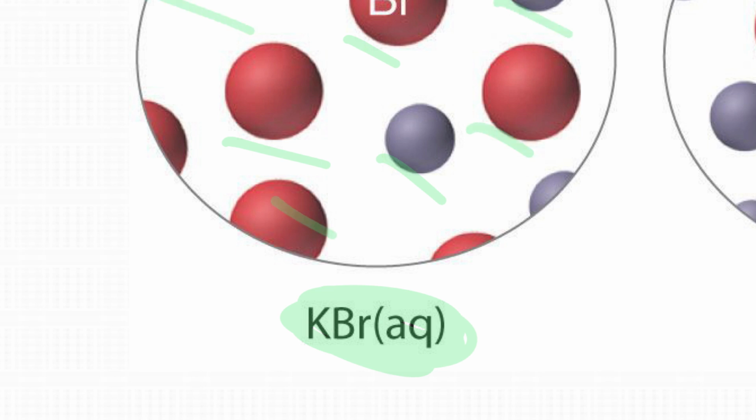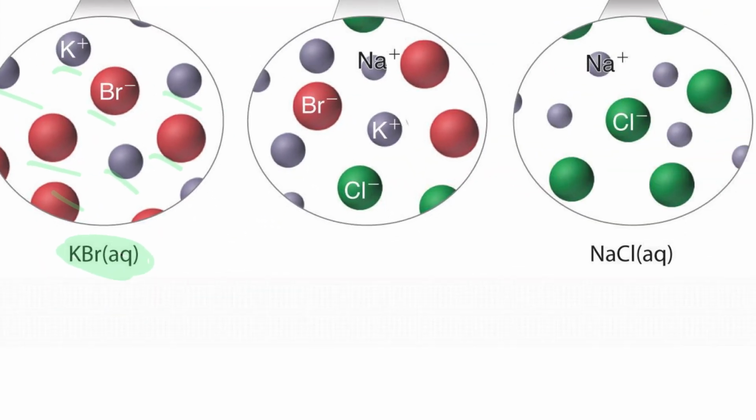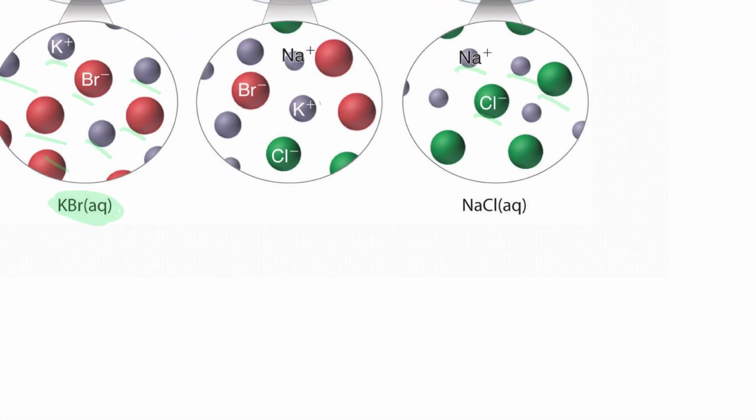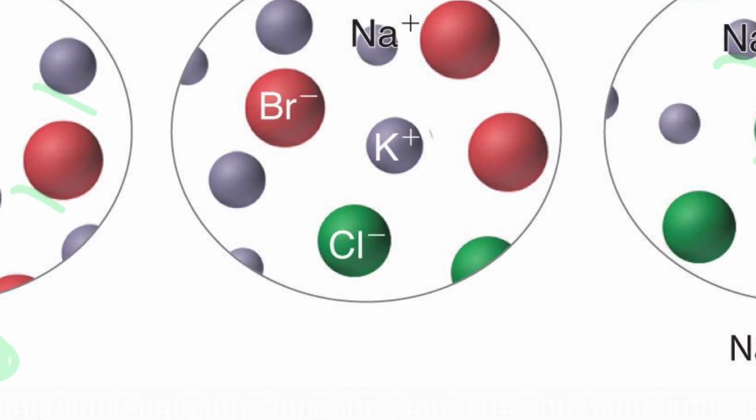You can see that in the solution. Same thing over here for sodium chloride, 1 Na, 1 Cl, 1 Na, 1 Cl, that 1-to-1 ratio. If we took those two things and mixed them up, again, you're going to have that 1-to-1 ratio of just these ions floating around.